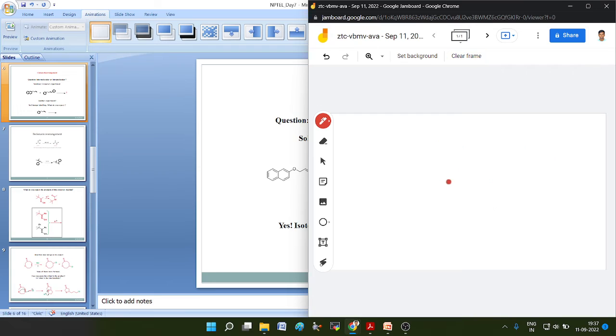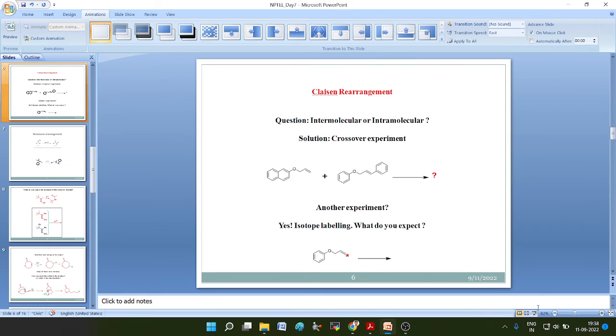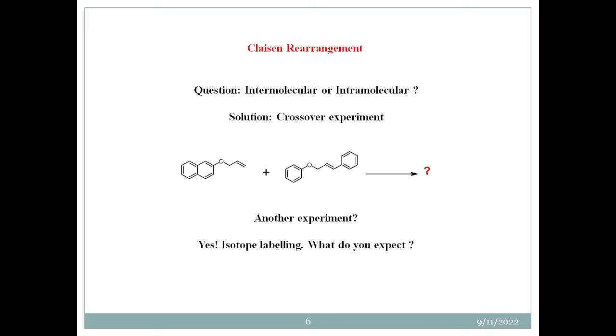Sorry, clear the frame. So basically, what you will get is the isotopically labeled carbon here. Just note the position; those are important. So this will be the case here. And let's go with some other reaction. This was cool.